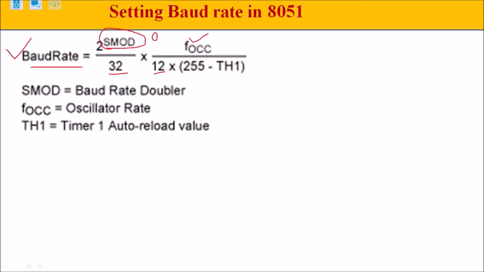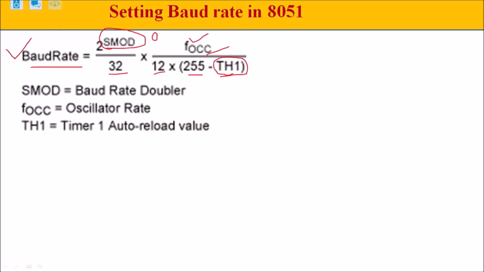This is the crystal frequency of the oscillator, that is divided by 12 divided by 32, and we are using timer 1 in mode 2. In mode 2, the timer is an 8-bit timer. So how many counts, clocks is it going to count? 256 minus TH1. We are going to load a count in TH1 as per the baud rate.